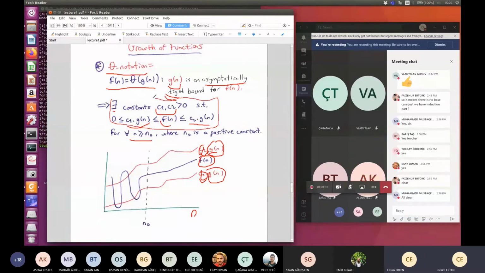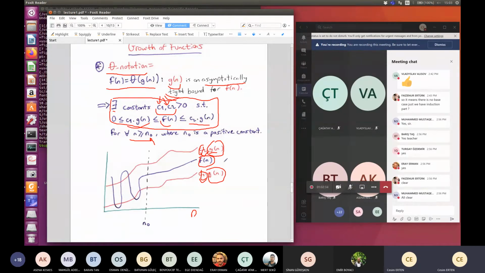If somebody asks you to formally prove that f of n is equal to theta of some function g of n, all you need to do is to find special constants C1, C2, and n0 such that this statement becomes true, that f of n is less than or equal to C2 times g of n, and also greater than or equal to some constant C1 times g of n.